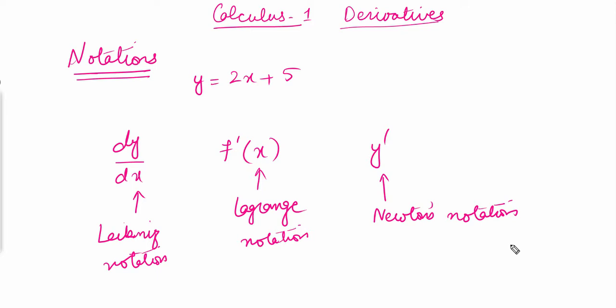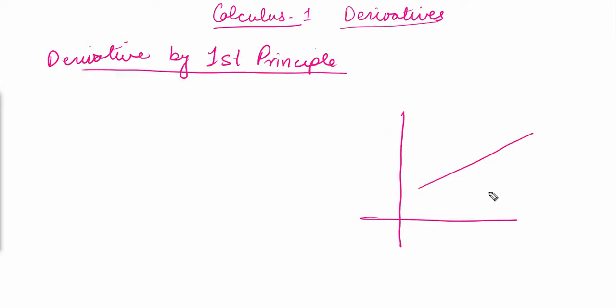Okay, now let's write down the formula for finding the derivative with the help of the first principle. So, derivative by the first principle. Over here we have the graph between a function f of x and the values of x.